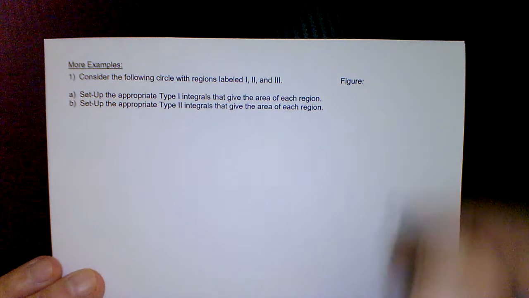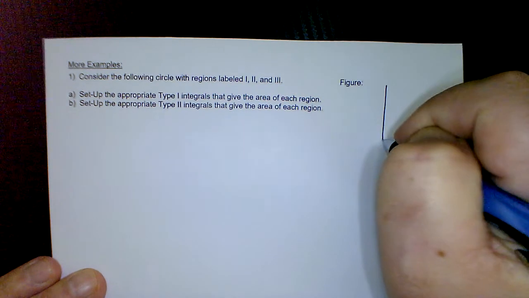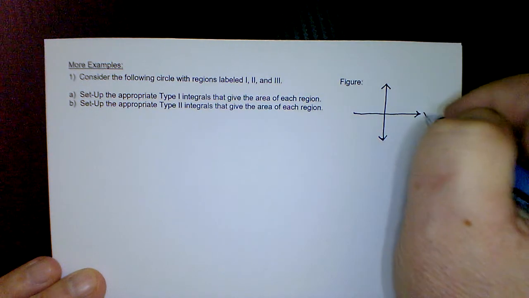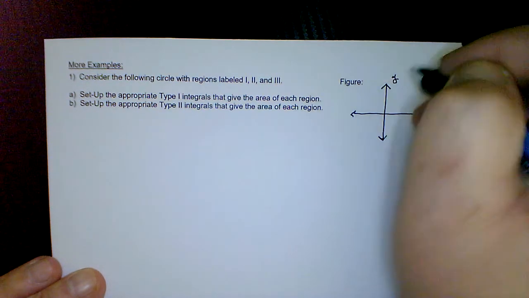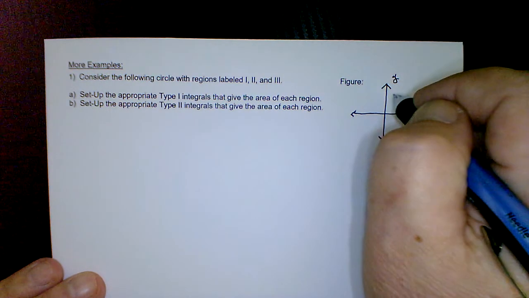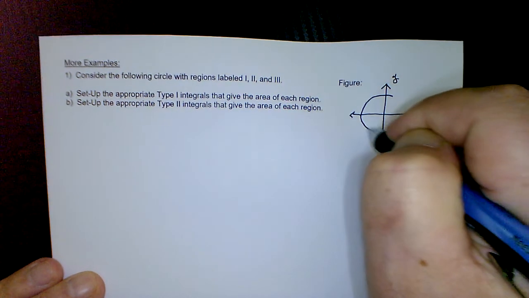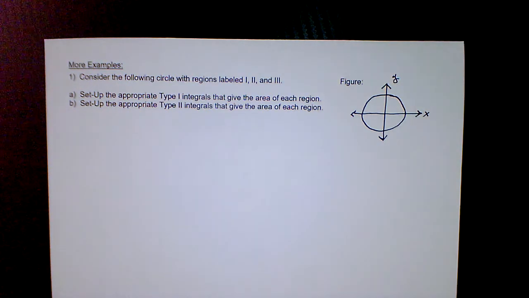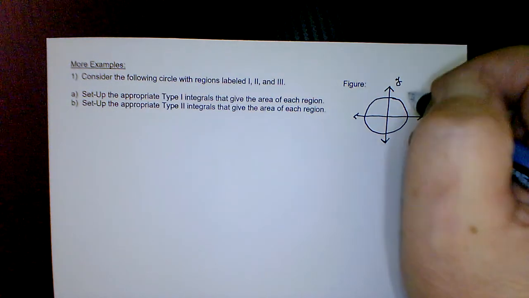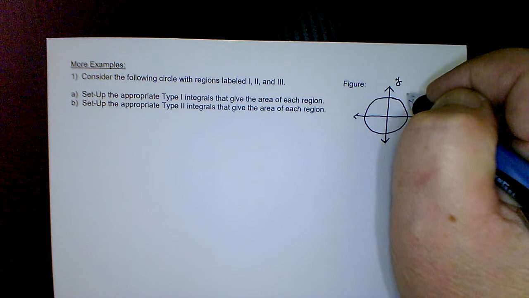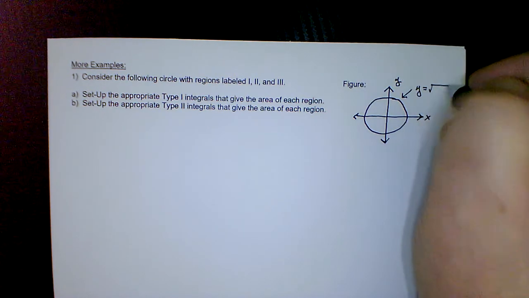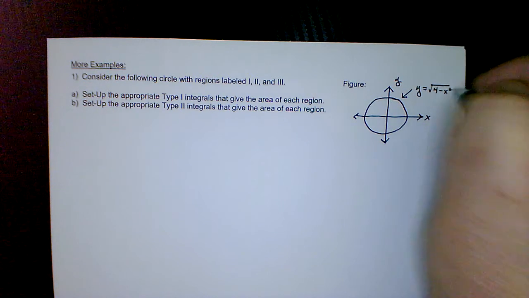So the figure that we're going to work off of is just a circle centered at the origin with a radius of 4, or excuse me, of 2. So I'm just going to draw a circle centered at the origin, and I'm going to say my radius is equal to 2, so that the top half is going to have the equation y equaling the square root of 4 minus x squared.